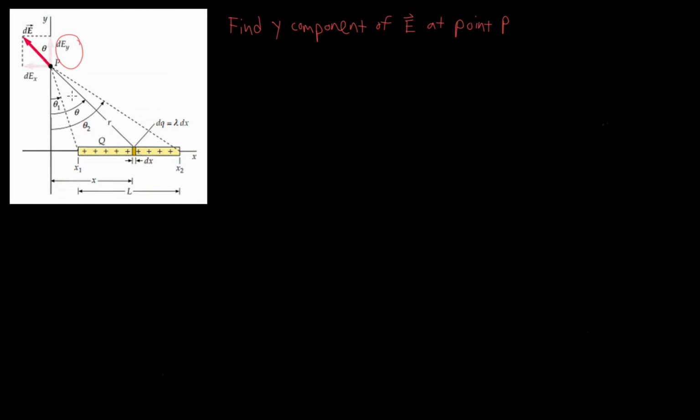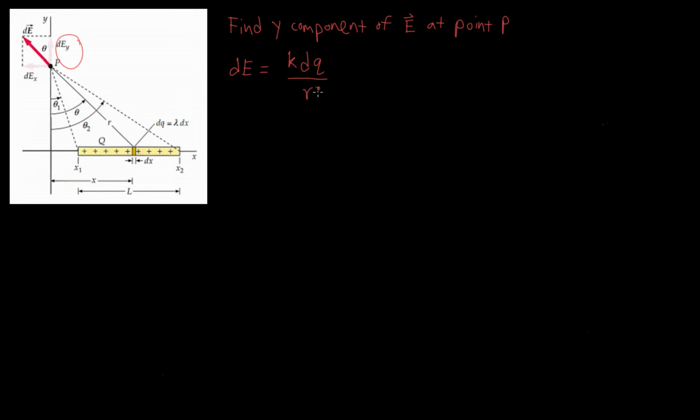And so if we were to write the amount of electric field produced by this really small charge dq, we would write that the element of the electric field is equal to Coulomb's constant times the really small amount of charge divided by r squared.